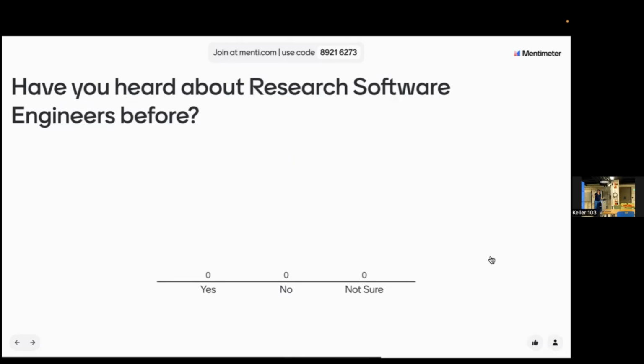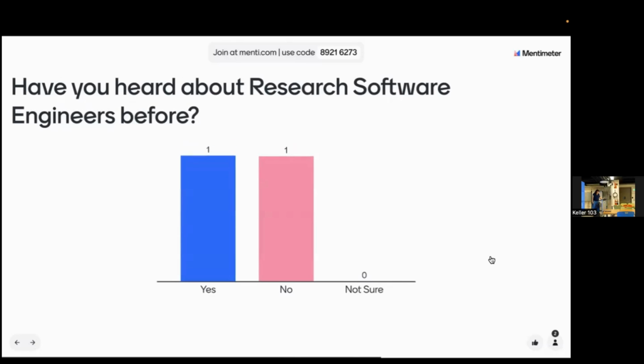So before I started to talk today about USRSE and research software engineers, have you heard about research software engineers before? Before I talked for the last 25 minutes about it? Great. 2 have yes. 1 no. 3 yes.